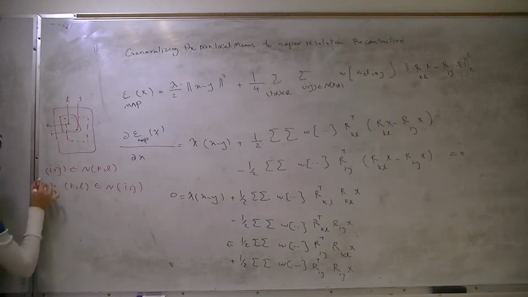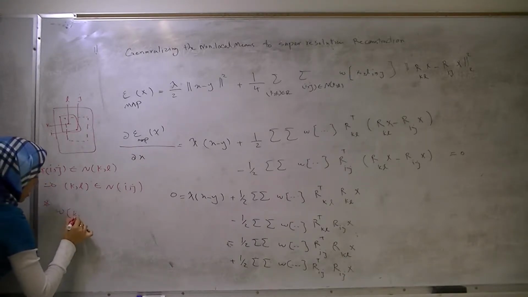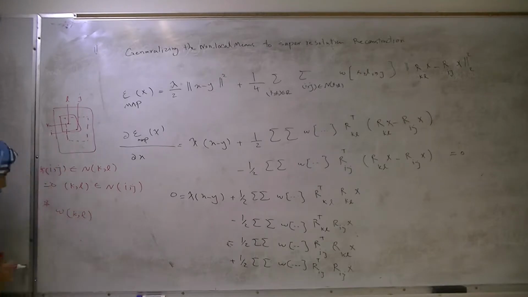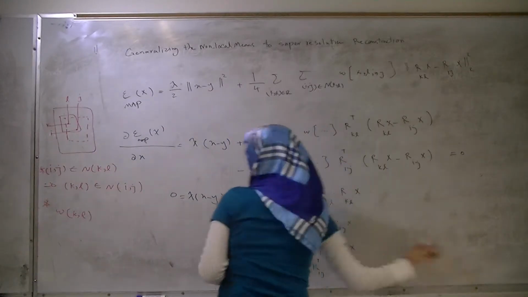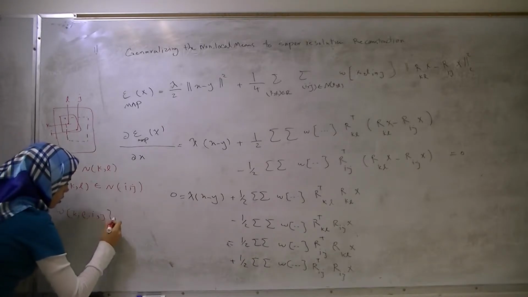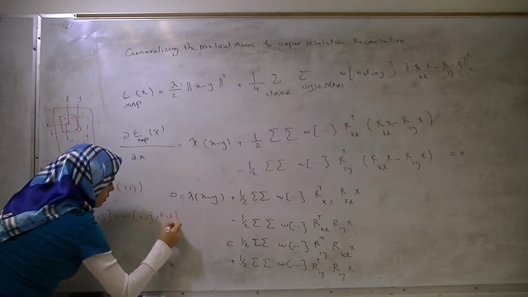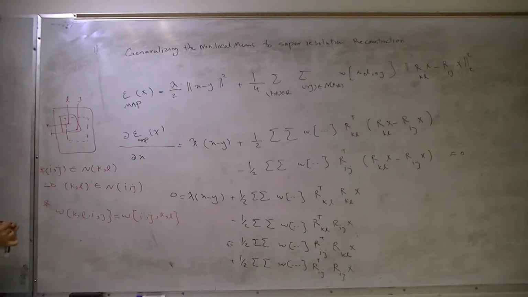And also another thing, it has the W of the KL, I and J is equal to W of the I and J and KL. Okay.